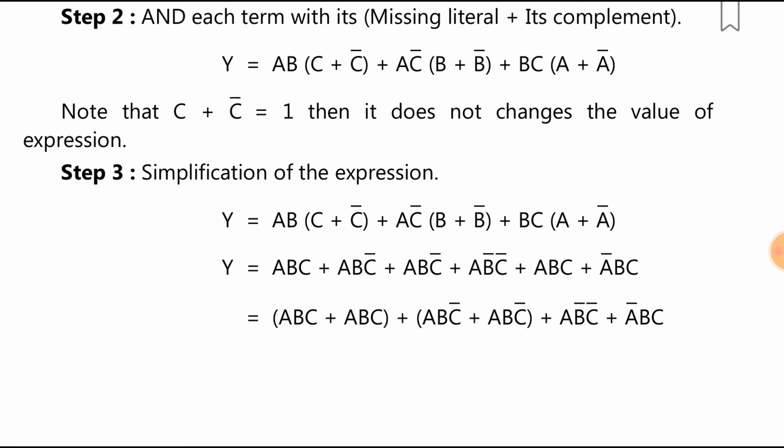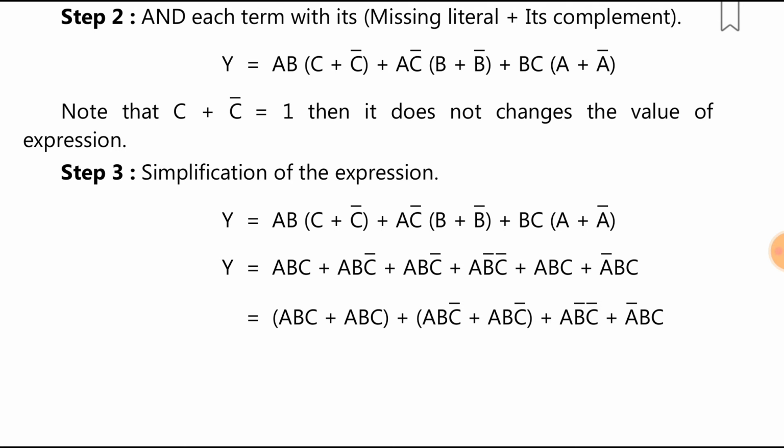Now what is step 3? We have to simplify the expression. I will break the brackets, so it becomes Y = ABC + ABC bar + ABC bar + AB bar C bar + ABC + A bar BC. Now I will collect the common terms.